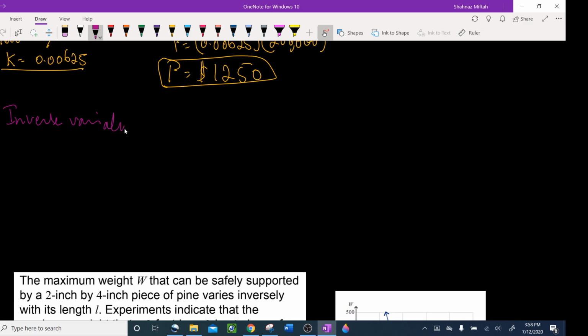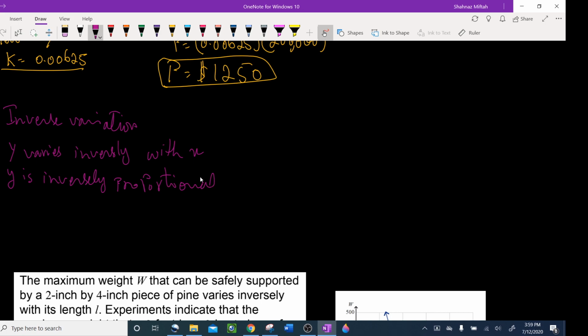Inverse variation is, again, if you have x and y quantities, you will see the wording: y varies inversely with x, or y is inversely proportional to x.